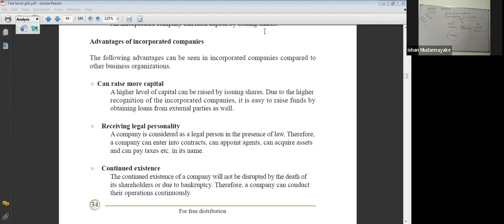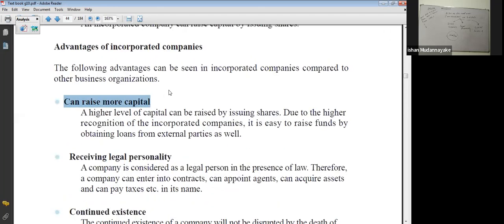Chanudi, read it out. Right. Dinu, first advantage.